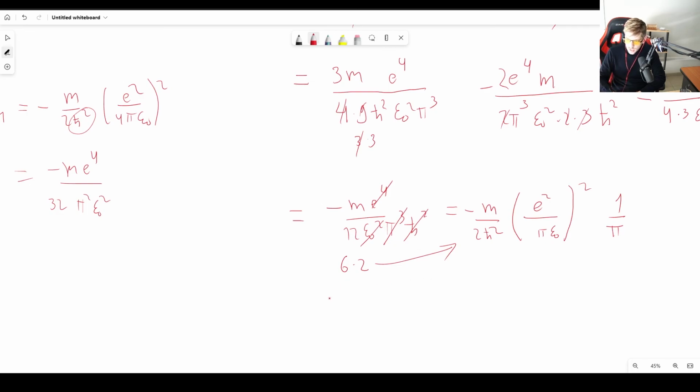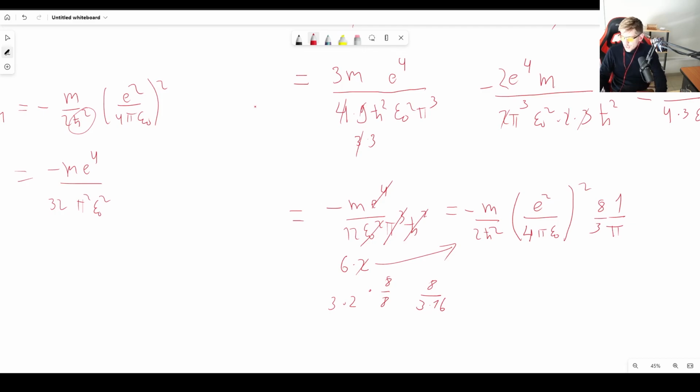So what do we have? We have a 6 left. We can write it as 3 times 2 and multiply by 8 divided by 8. Because if we do that, we will have 8 divided by 3 times 16. We put the 8 divided by 3 here and the 16 in here, right? In the form of 4 squared.